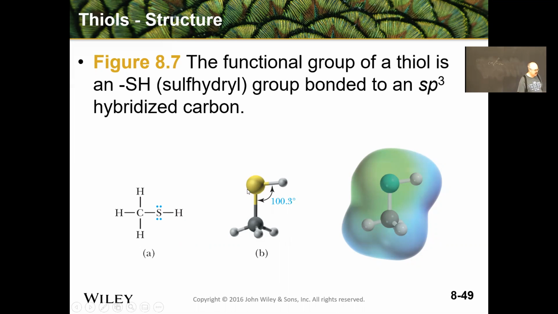The carbon-sulfur-hydrogen bond angle is bent. Sulfur is not nearly as electronegative as oxygen, and so if we look at the electrostatic potential map, we don't see nearly as great a charge separation as we would with an alcohol.